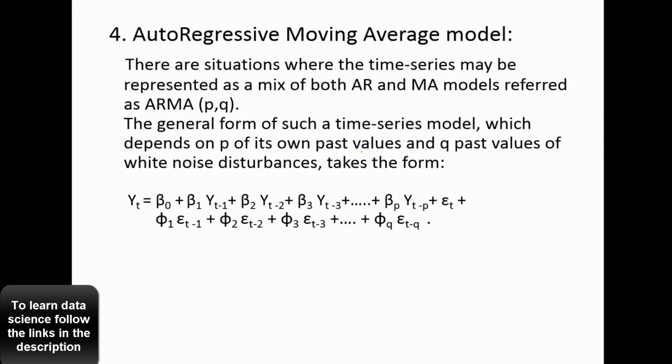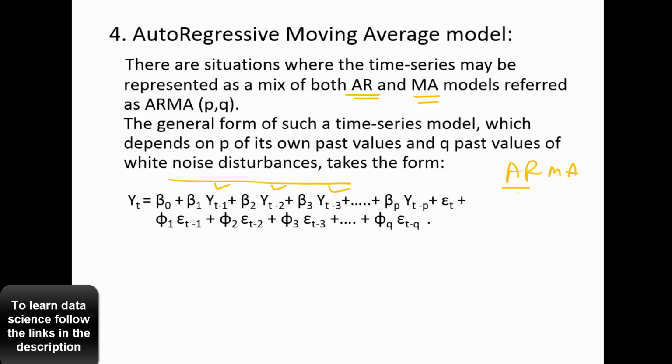The next type of models are known as the ARMA models, right? So they have both AR as well as MA representation. That means you use the past values and also the error terms. In the representation, you will see you have Yt minus 1, Yt minus 2, Yt minus 3, so you have the past values pretty much like your AR terms. This is called ARMA, autoregressive moving average.